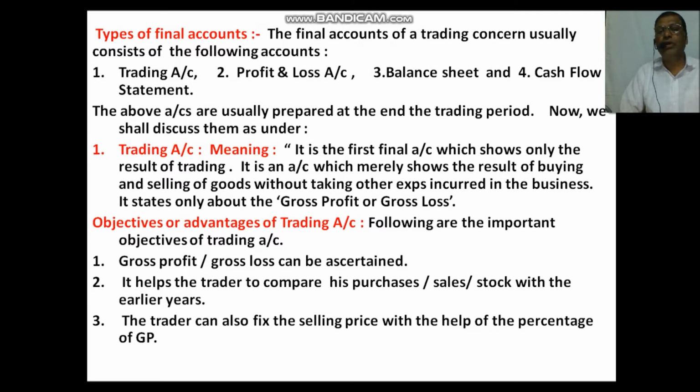Number one, trading account; number two, P and L account, that is profit and loss account; number three, balance sheet; and number four, cash flow statement. Like this, the final accounts are mainly four.